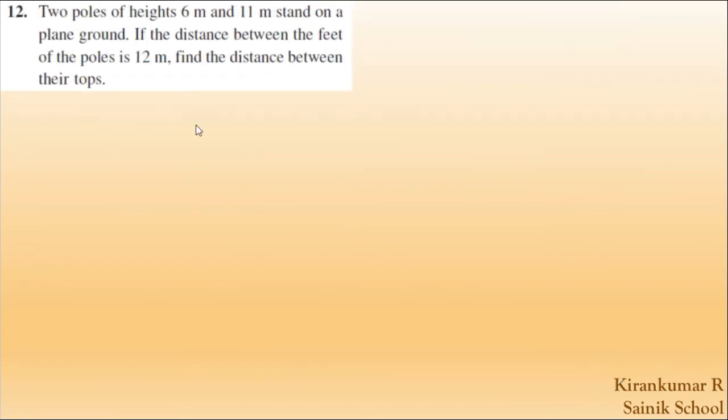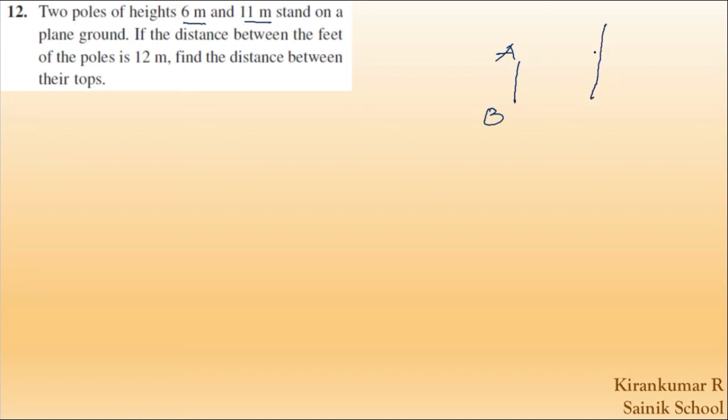Question number 12. Two poles of height 6 meter and 11 meter stand on a plain ground. If the distance between the feet of the poles is 12 meter, find the distance between their tops. One of the poles I'll name as AB, another pole I'll name as CD.